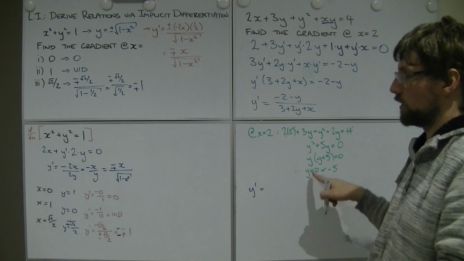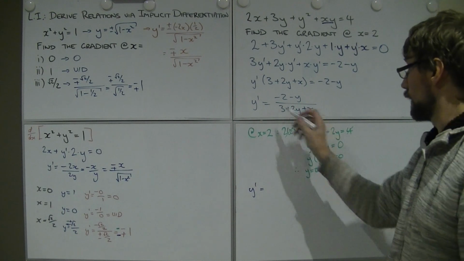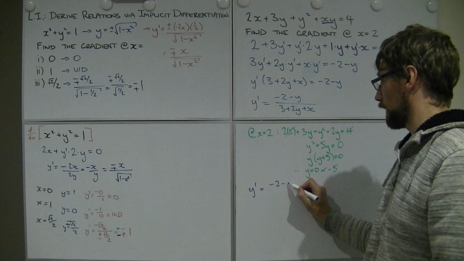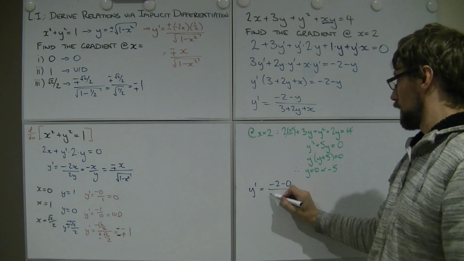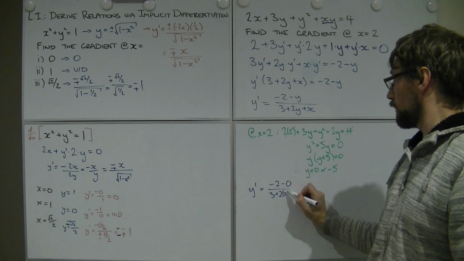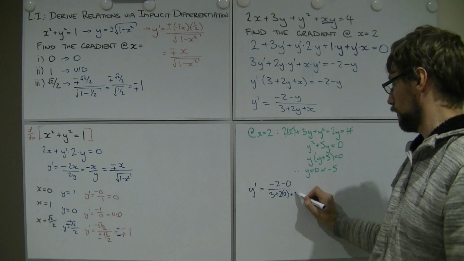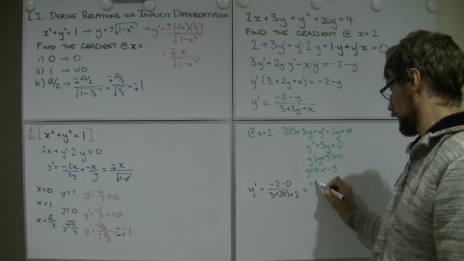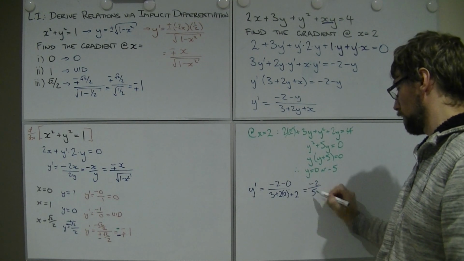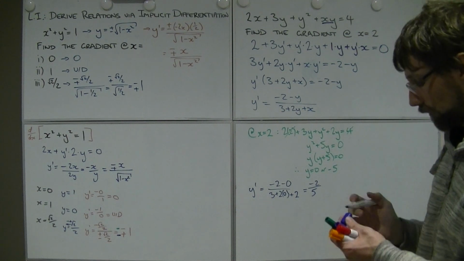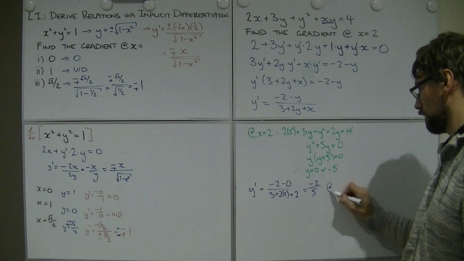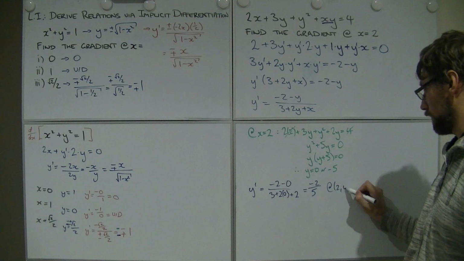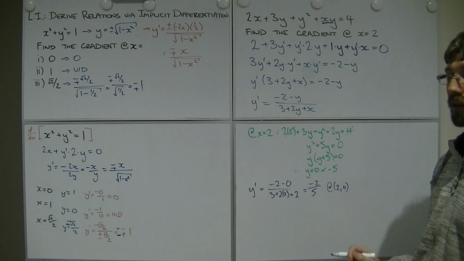No particular reason, just the number that I did first. So I've got -2 minus 0 over 3 plus 2 times 0 plus 2, which gives us what? -2 over 5. Beautiful. So at the point (2, 0), the gradient is -2/5.